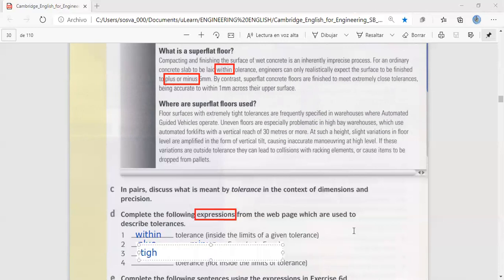Actually, we might say tight often refers to no tolerance. It's like just 10% of permissible tolerance. Yes, and it goes like that. Here it is: tight tolerances. And the last point, number 4, says tolerance not inside the limits.